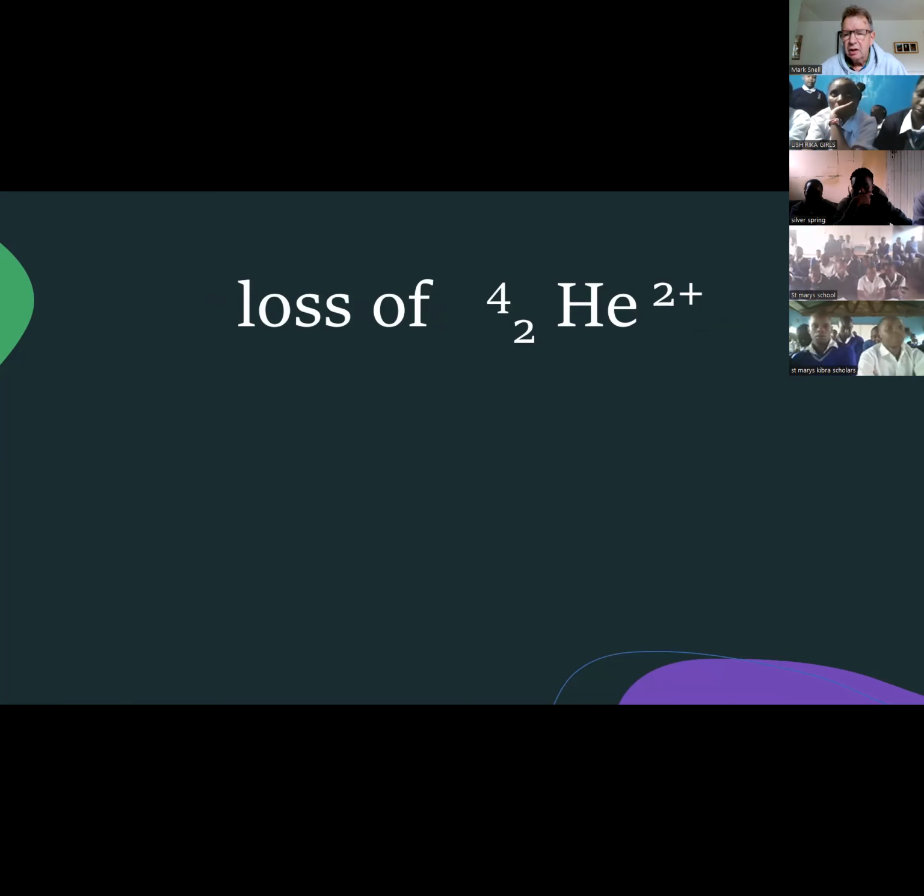An alpha particle has a mass of 4, a proton or atomic number of 2, and a 2+ charge. It's the helium nucleus. In other words, a helium atom should be 4 2 He, but it's lost its 2 electrons, so it's He 2+. Okay, so an alpha particle, 4 2 He 2+.